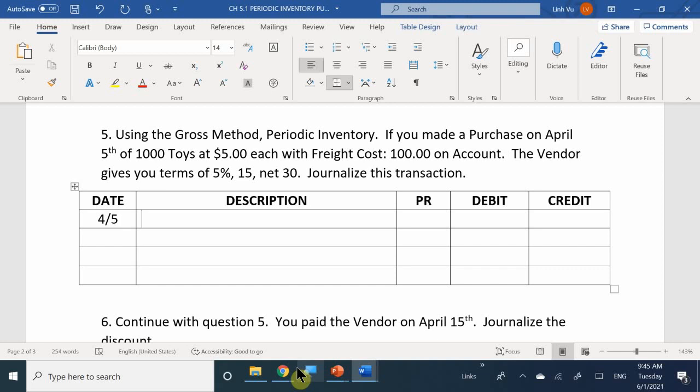Just the cost of the items, the $5,000? Mm-hmm. So purchase expense at $5,000. Right? We're recognizing it at its original price. We're not talking about discounted price.